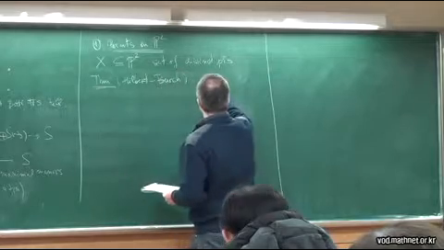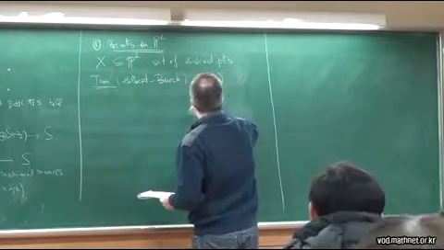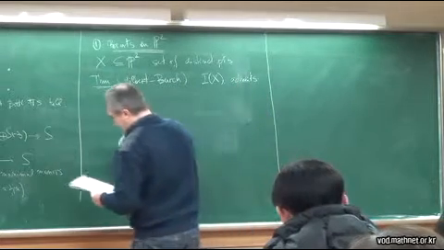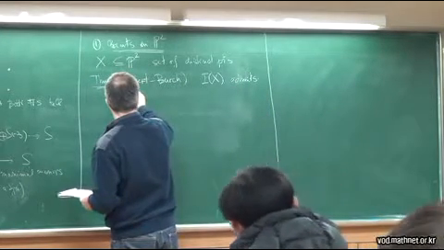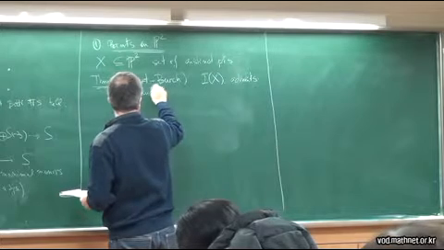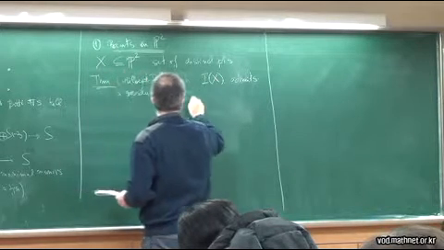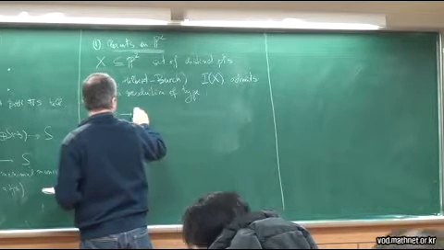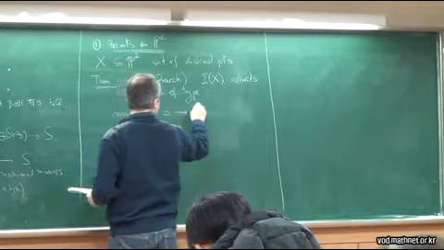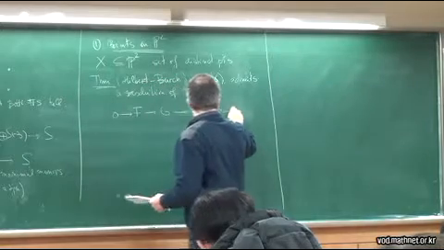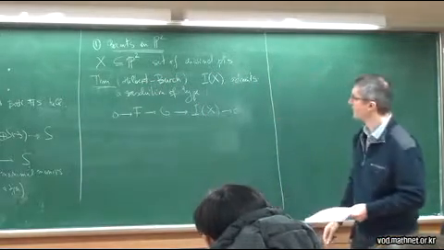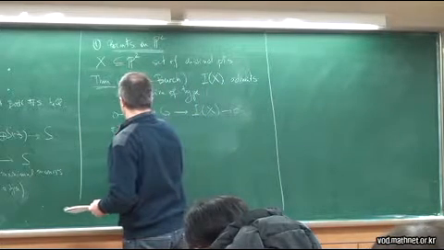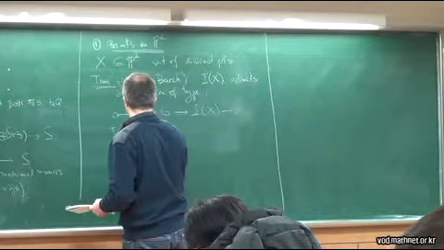So the homogeneous ideal of X admits a resolution of a very simple type: 0 goes to F, goes to G, goes to I_X, goes to 0, where F and G are free modules.